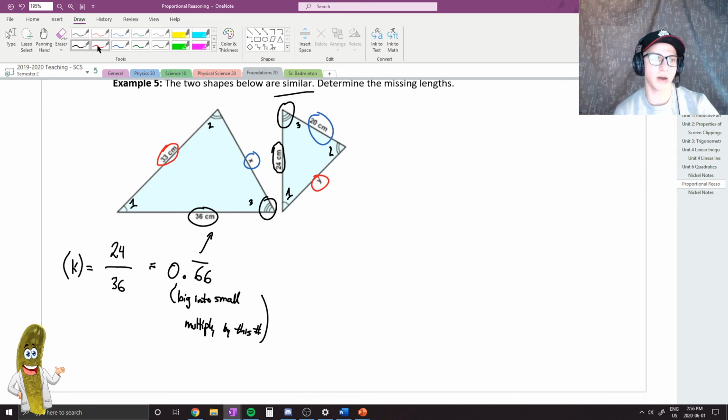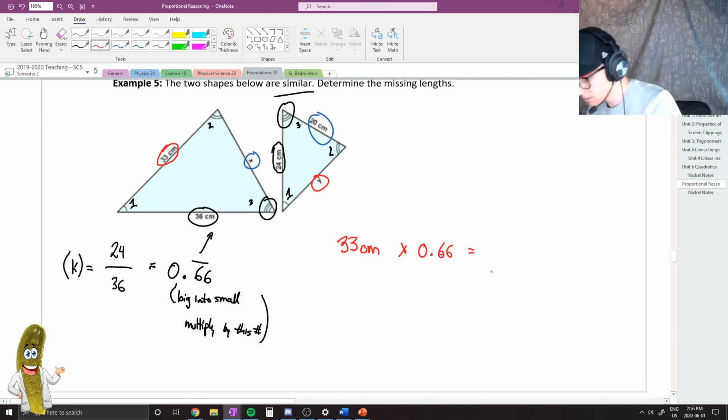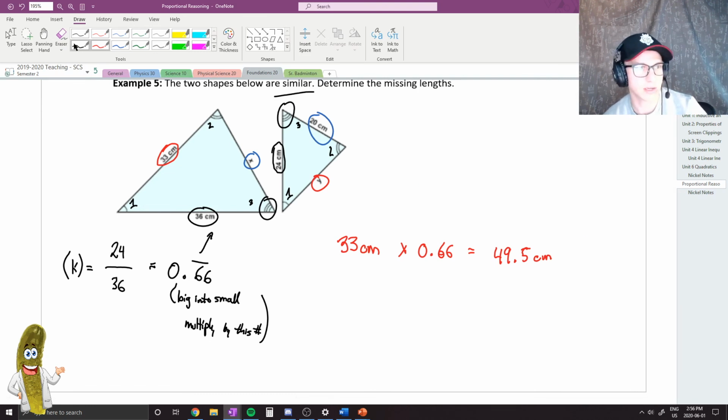So what I want to do now is I want to look at the reds. I know that the one red length is 33 centimeters. And I said that if I want to get it to be smaller, I want to multiply by this 0.66. And when you do, you end up finding out that that side length there is 49.5 centimeters, which is not correct.